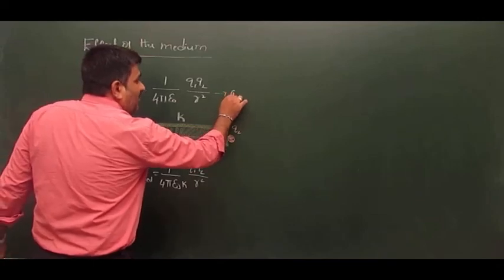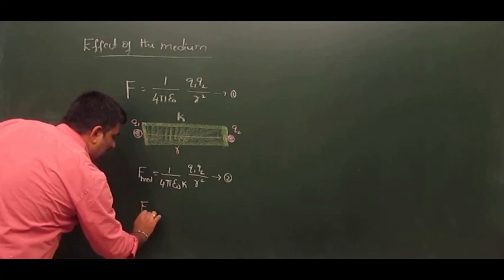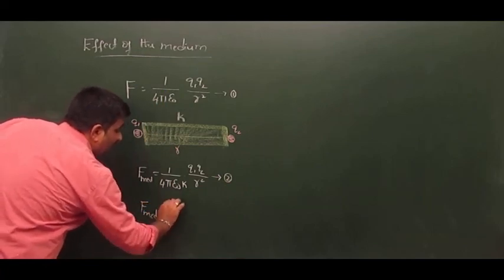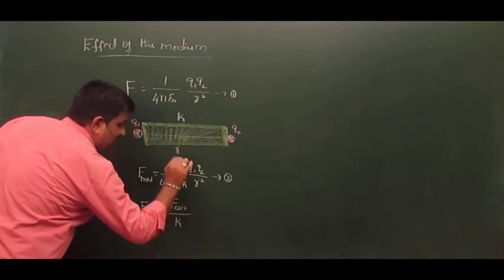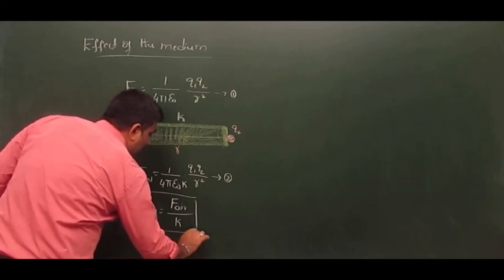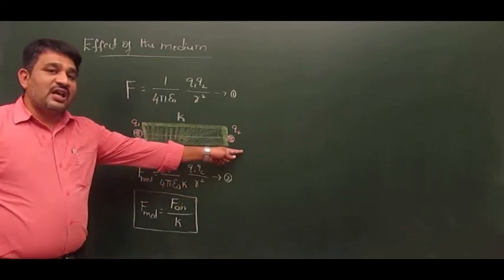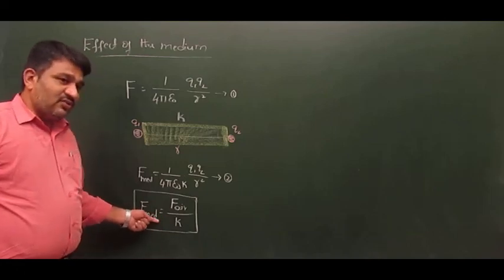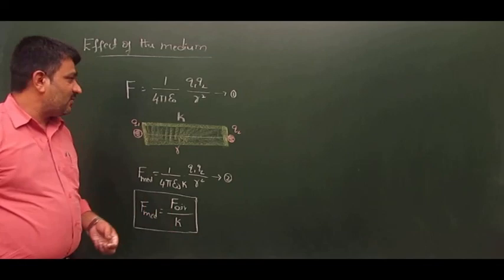Comparing these two equations, we can write F medium is equal to the force in air or vacuum divided by the dielectric constant K. By remembering this equation, we can directly substitute for any medium in between the charges.